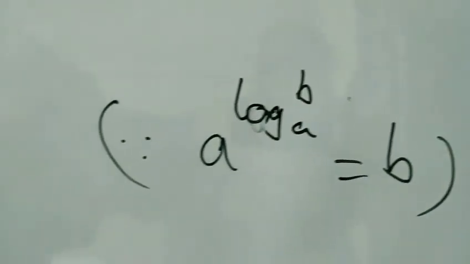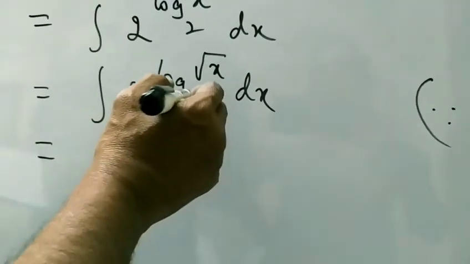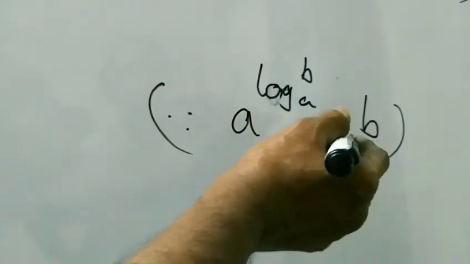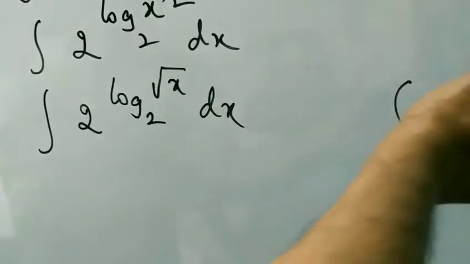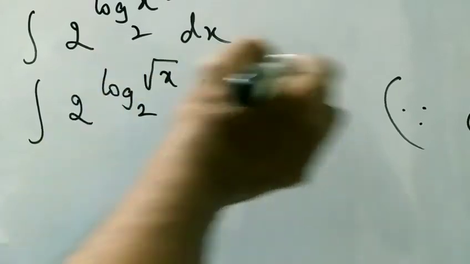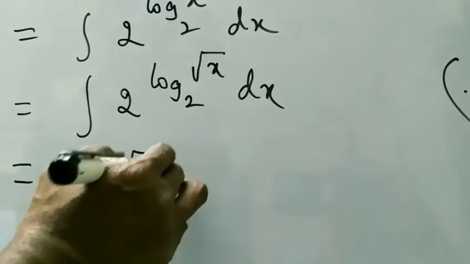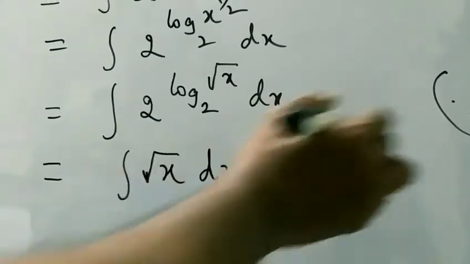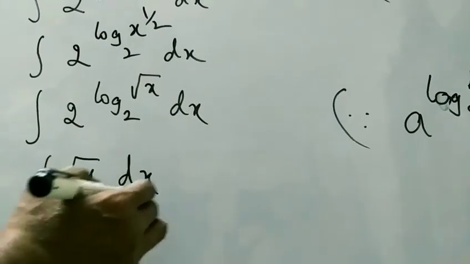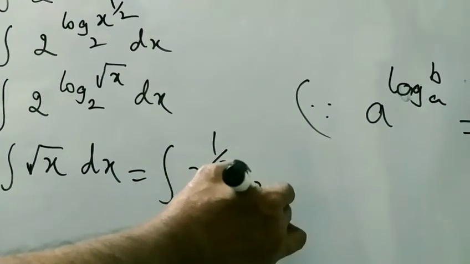Comparing this, 2 to the power of log root x to the base 2 is a to the power of log b to the base a equals b here. So here also, comparing with this, it becomes root x. In place of b, root x is there. So it becomes the integral of root x dx. Now root x is equal to x to the power of 1 by 2, so the integral of x to the power of 1 by 2 dx.